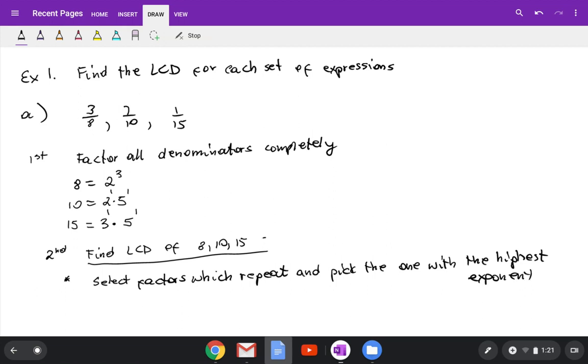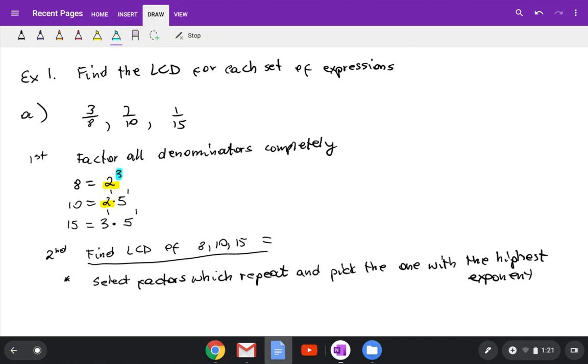So in our case, the factor which repeats is 2 to the third power and 2 to the first power. So for the one which repeats, you select the one with the highest exponent.